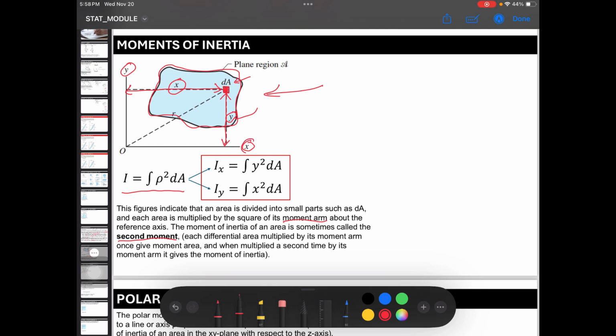So, if you're evaluating x-axis, yung y ang i-square mo. Ito ang gagamitin mo, and that is moment of inertia sa x-axis, Ix. And if ina-evaluate mo sa y-axis, ang moment arm mo is si x. So, ini-integrate yun, kasi sinubdivide mo siya into small parts, diba? So, we integrate yun.